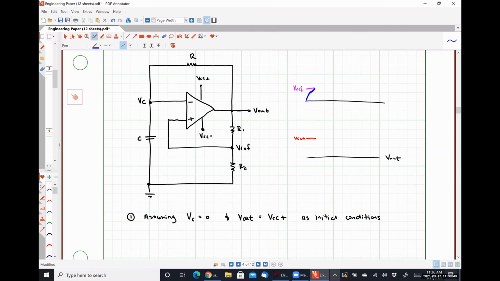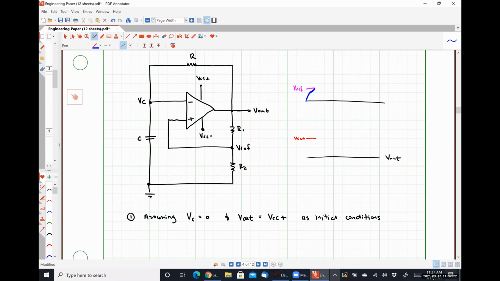When that capacitor voltage finally meets V reference, and technically exceeds it, right? So if VC gets higher than V ref, V out falls to VCC minus, right? So if VC is ever greater than this voltage, then we have the trigger condition to make the output fall to the other side, all right?